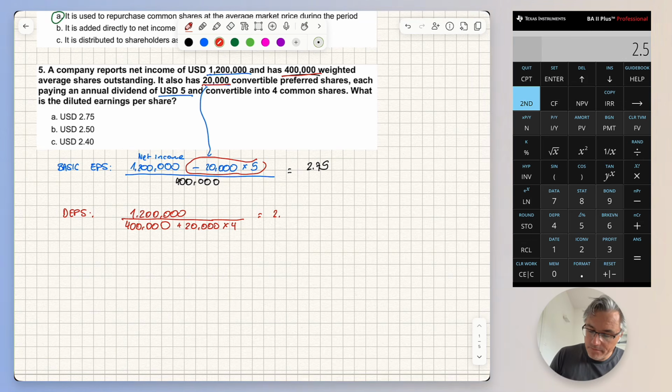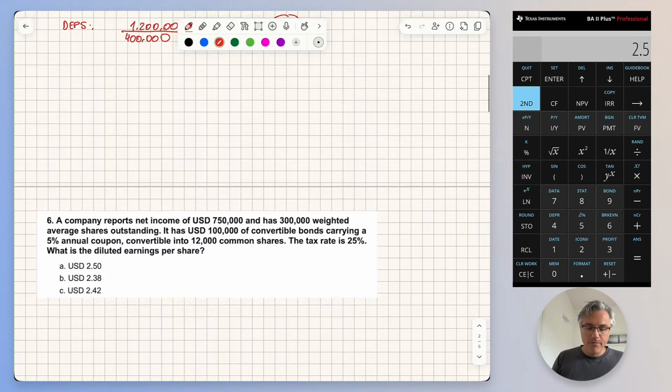That gives 2.5. That's it. That's the computation of diluted earnings per share, because the DEPS computation provided a number which was lower than basic EPS. We stick with that one. We stick with DEPS and report it as the number. So that was number 5.